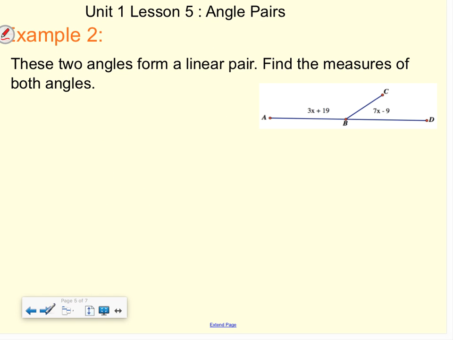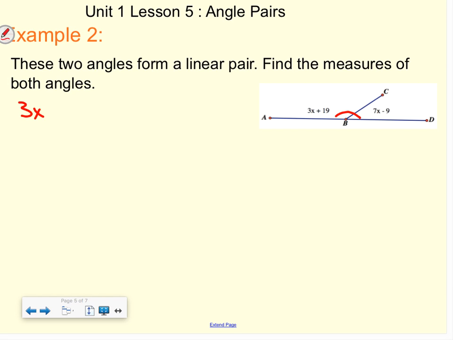Okay, a little bit of algebra here. These two angles form a linear pair, as you can see. Find the measures of both angles. Well, we've seen this before with the angle addition postulate, except when we did that before, we had to tell you what the angle was. This is basically saying the same thing, except without saying it, we should know that that whole thing there is 180 degrees.